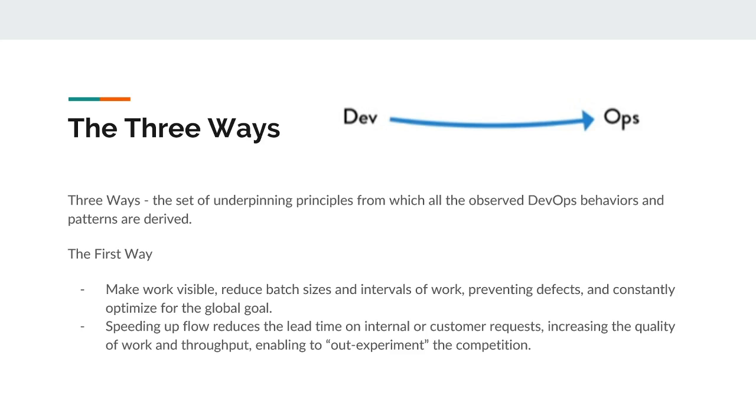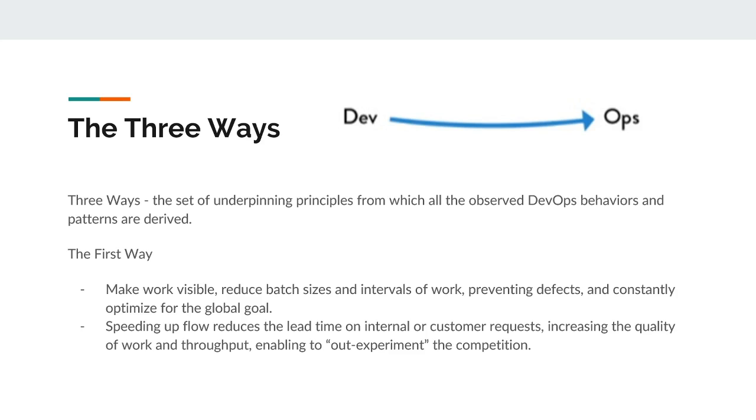Next slide. Okay, the three ways. There are three underpinning principles from which all of the observed DevOps behaviors and patterns are derived. The first way makes work visible to the developers, and we have goals to reduce batch sizes and intervals of work so that we're able to maintain efficiency and optimize for our global goal, as mentioned in the Agile section.